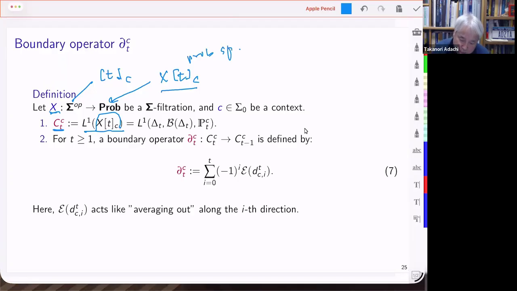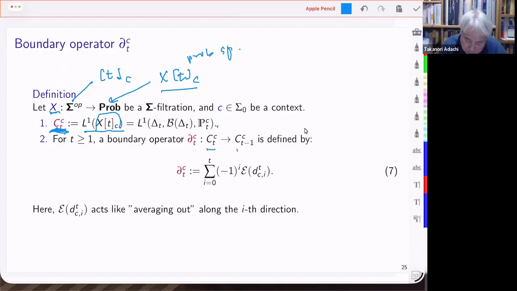Over this probability space, we have the set of random variables, which is this C_t^C. Here we have the two indices, t and t minus one. It depends on the context, so we have the superscript C, which is some fixed context.